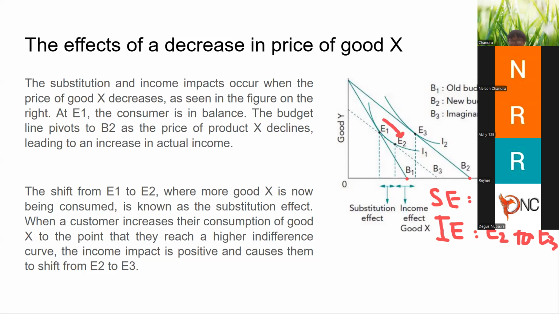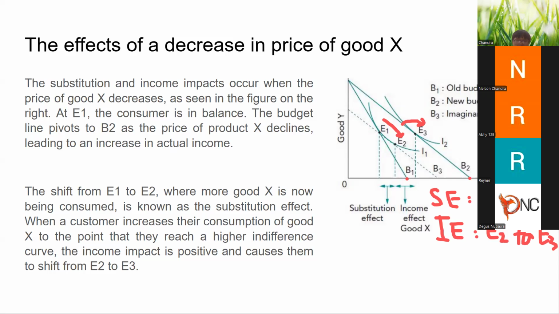E1 to E2, E2 to E3. It will be this scenario now, the one mentioned by Nelson, where there is a decrease in the price of good X. Therefore, the overall budget or income of the person will now be higher than before.